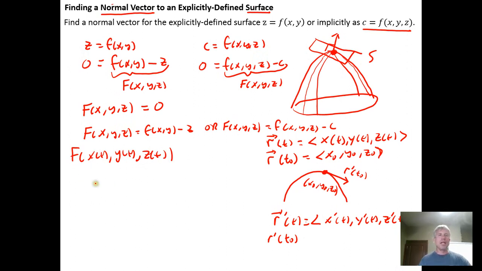Then I know that I can calculate the rate of change df dt using the chain rule.